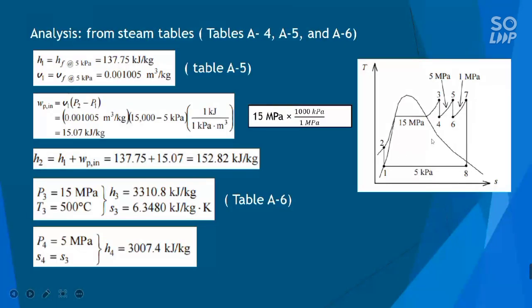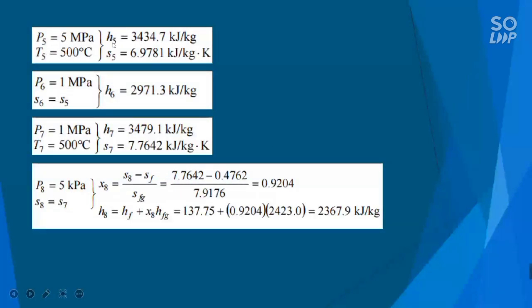For the pressure at state 4, as you can see in our TS diagram, from 1, 2, 3, 4, state 4, we have 5 megapascal, and our entropy at state 4 is equal to our entropy at state 3. So we have our enthalpy at state 4 equal to 3,007.4 kilojoule per kilogram. For states 5, 6, 7, 8, at state 5 we have our enthalpy equal to 3,434.7 kilojoule per kilogram, and our entropy is equal to 6.9781 kilojoule per kilogram per Kelvin.